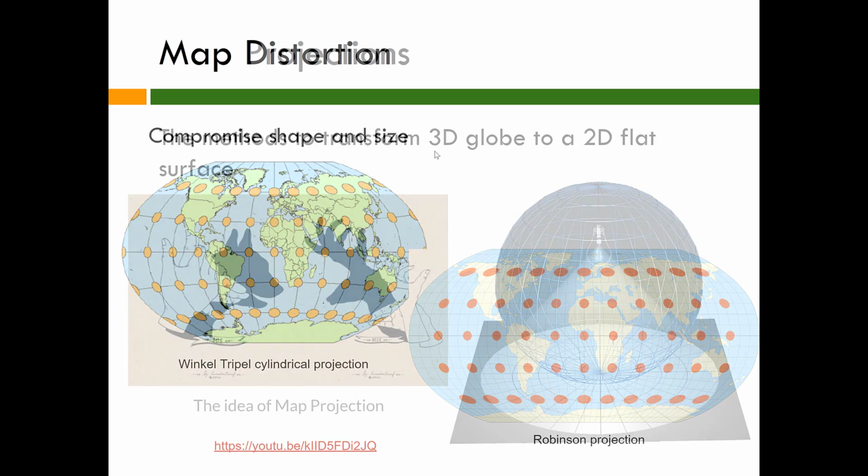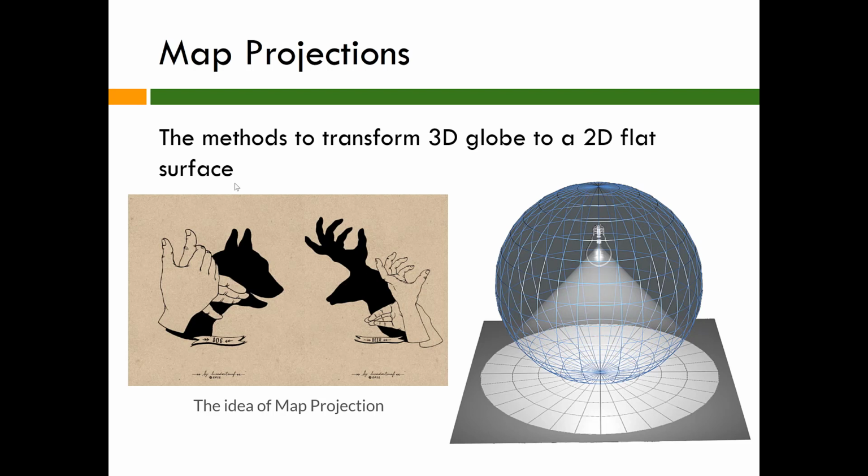All right, then another question is how you flatten this 3D globe to a 2D flat surface. I bet you played this game when you were a kid, right? We call that hand shadow. So you can light up your candle, and then you can cast your hand, which is 3D, as a shadow to a flat surface, like on your wall.